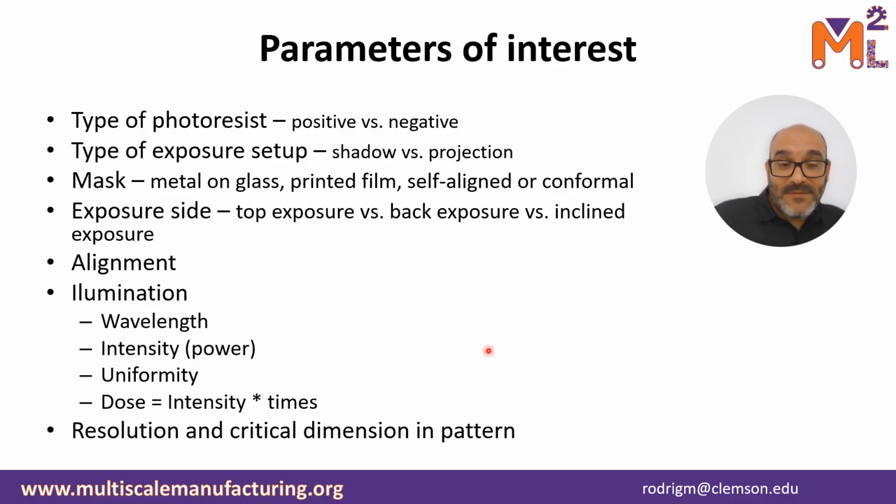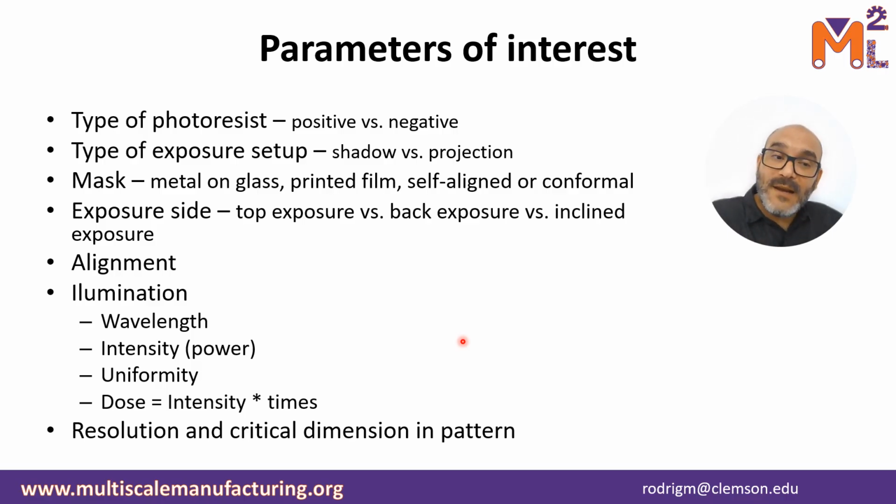You could also have exposure only from the top, or you could also have exposure through the substrate if your substrate allows. For example, fused silica will be transparent to 365 nanometers, so you can expect to be able to do exposure through the substrate.